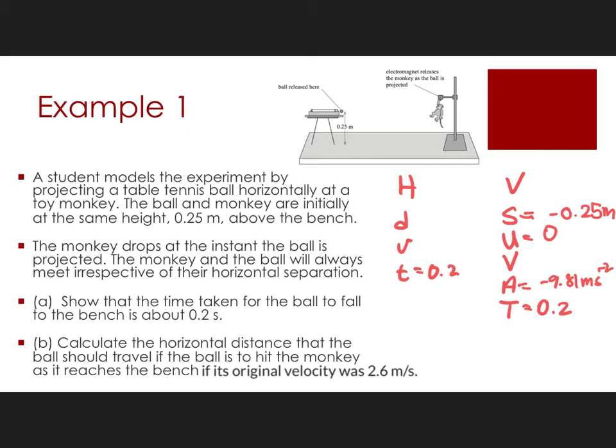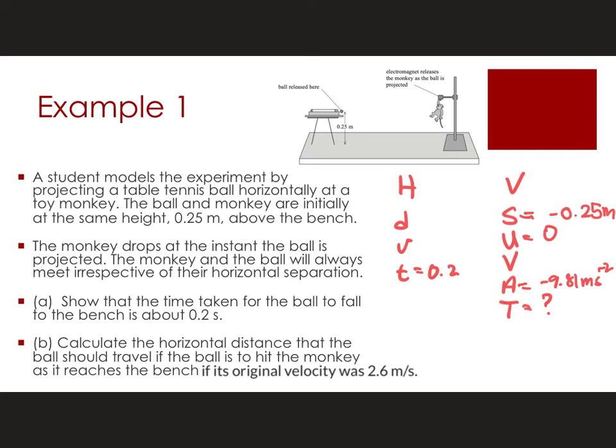Anytime we're using suvat, we know that if we have 3 pieces of information, we can find the fourth. So you might be saying, well, wait, I know 4 pieces of this information. Well, actually, this is what we're trying to look for. So we really don't have the time. Right now, I'm actually going to have to look for it.